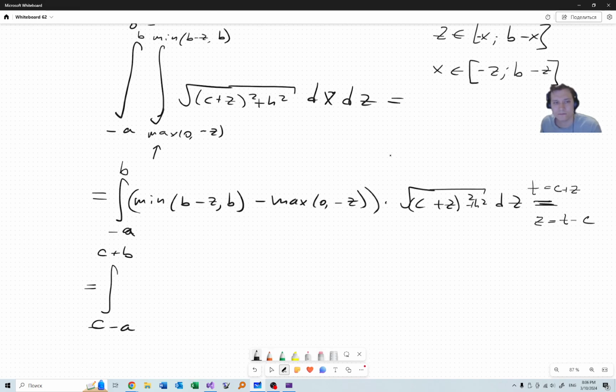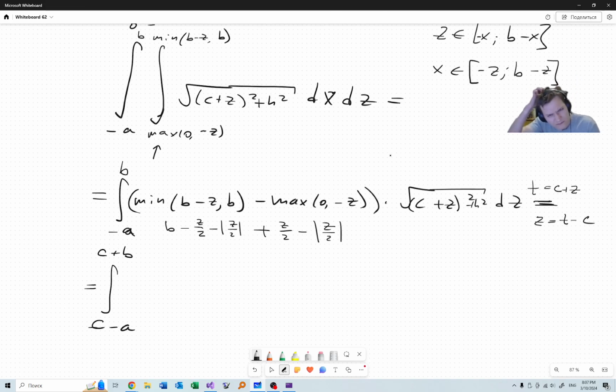Actually, it is b minus z over 2 minus modulus of z over 2. And this is minus z over 2 minus modulus plus z over 2 minus modulus z over 2.